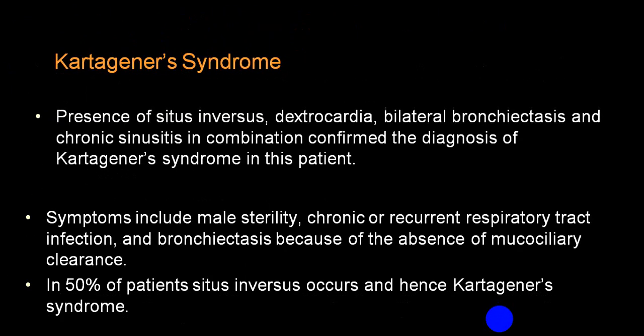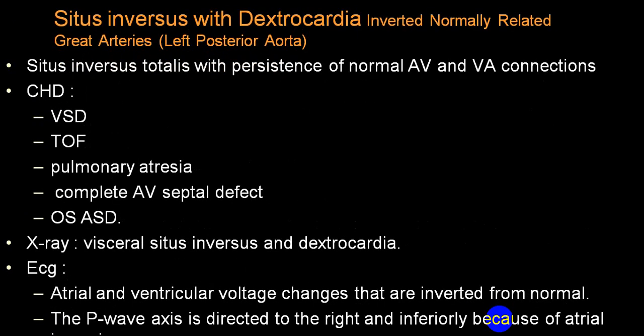In an ECG, we'll show you that particular part: if you look in V1 to V6, the R wave progression is poor. But if you take the leads on the right side, V3R, V4R, V5R, V6R, there's a gradual increase in the voltage suggesting dextrocardia.